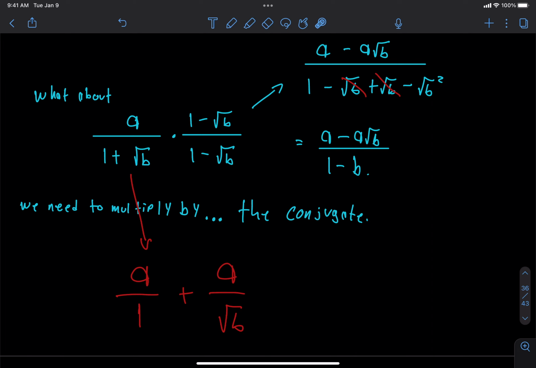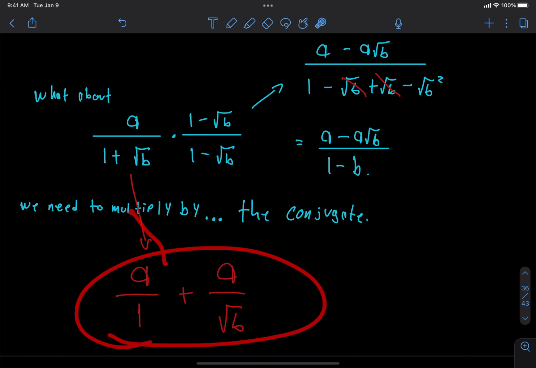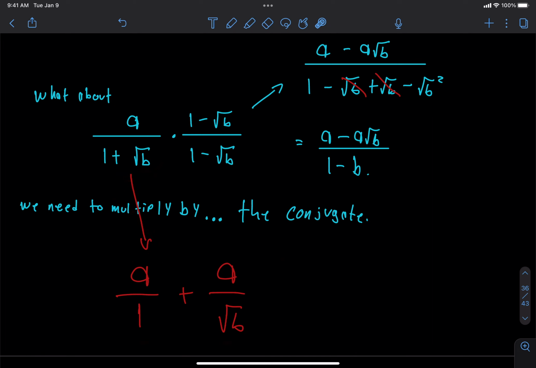Because it wouldn't be equivalent. This is not the same thing as this, right? I can only break up fractions like that when there is a sum in the numerator. If there's a sum in the denominator, this is what we would call a big no-no, meaning that we can't do it. I mean, you can, it's just it won't be correct.